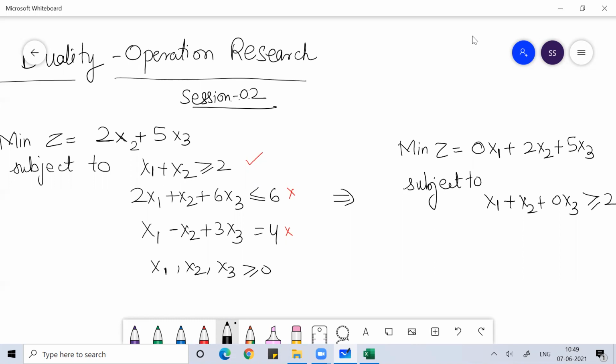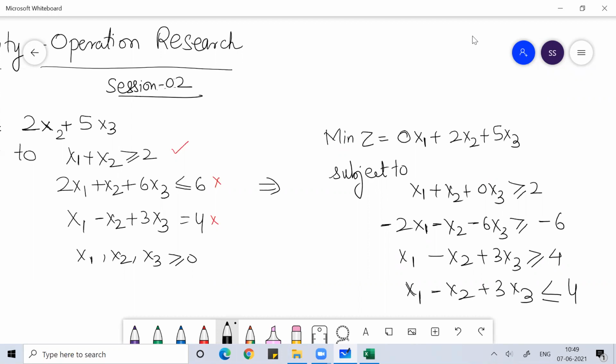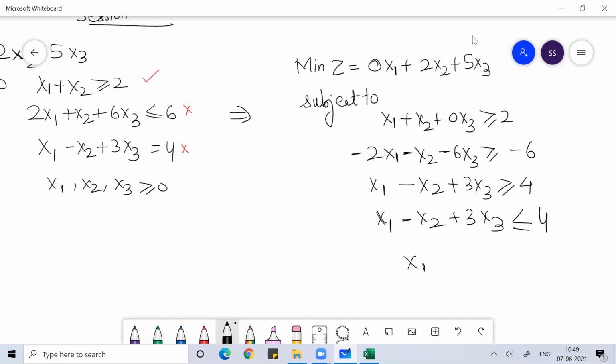Next one is minus 2x1 minus x2 minus 6x3 greater than or equal to minus 6. Third one, the equality x1 minus x2 plus 3x3 equal to 4, I can write as x1 minus x2 plus 3x3 greater than or equal to 4 and x1 minus x2 plus 3x3 less than or equal to 4, where x1, x2, x3 are greater than or equal to 0.